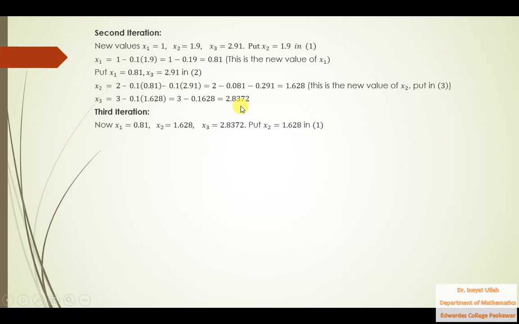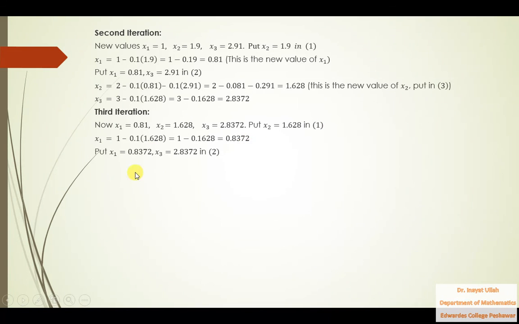And in the third iteration, we need to use the updated values. x1 is 0.81, x2 is this updated value, and this is the updated value of x3. Now put x2 = 1.628 in equation number 1 to get the updated value of x1 as 0.8372.